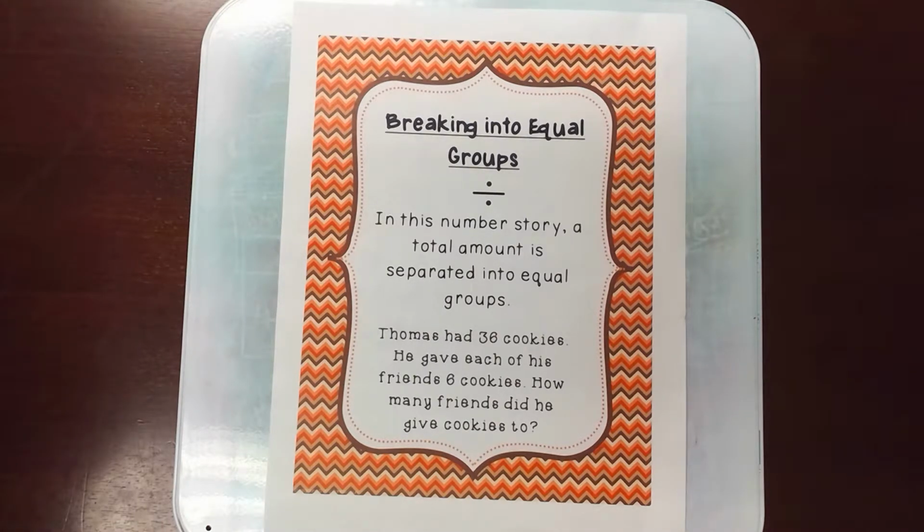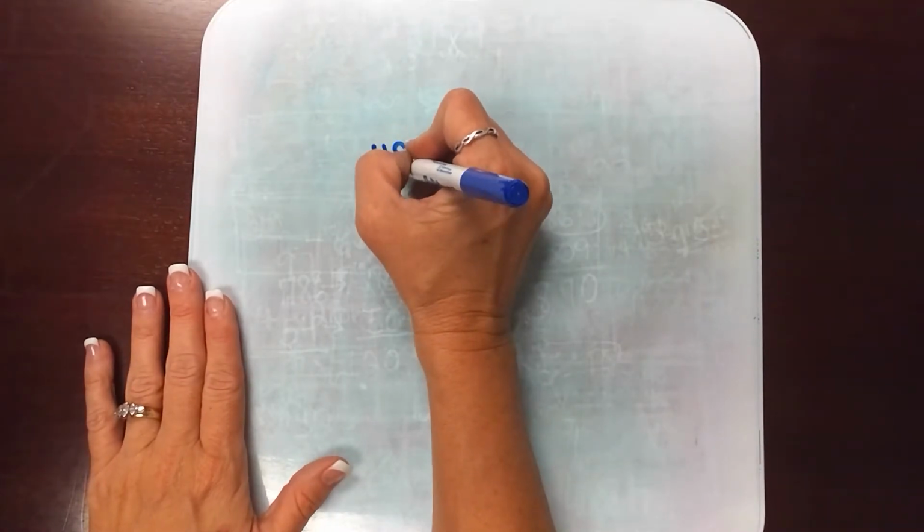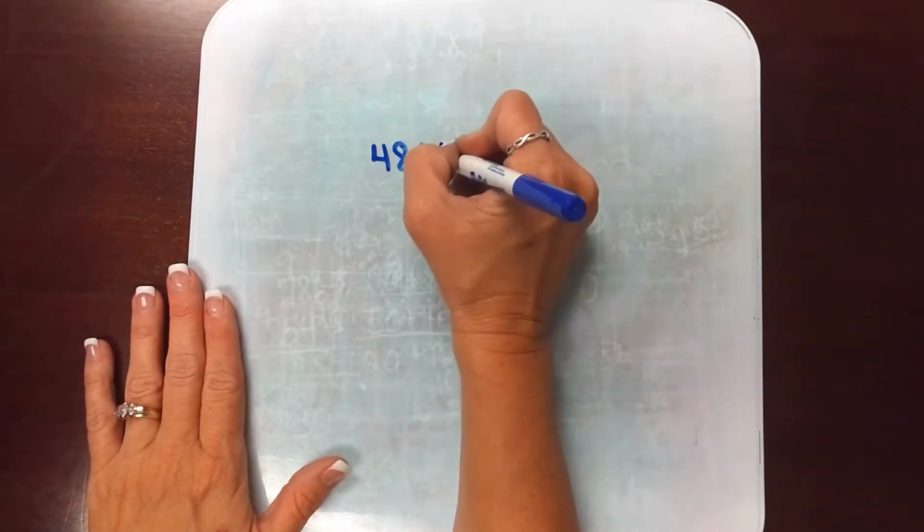One thing to know is that the dividend for the problem has to be within 100, but the problem may not be limited to division facts. So, for instance, they may do 48 divided by 4 in a problem.